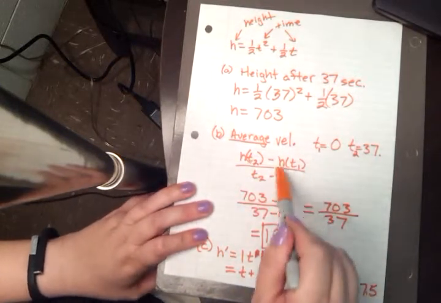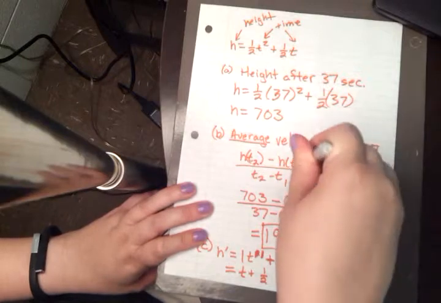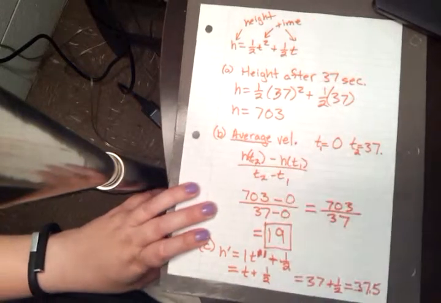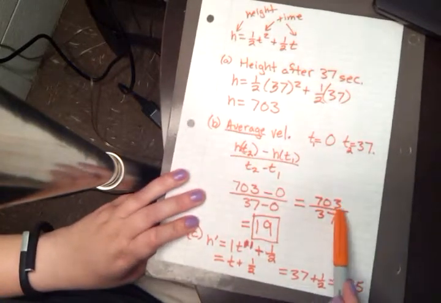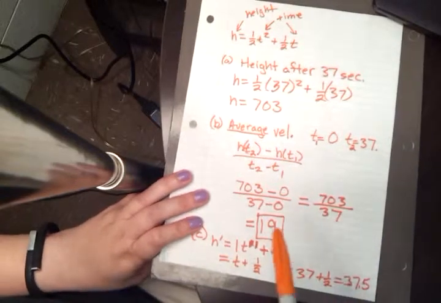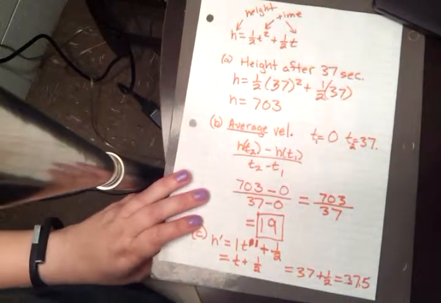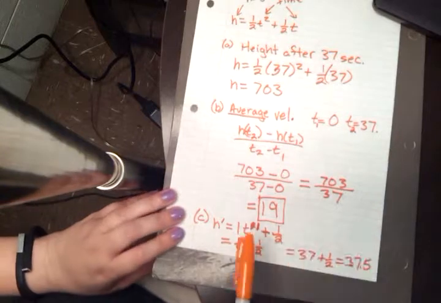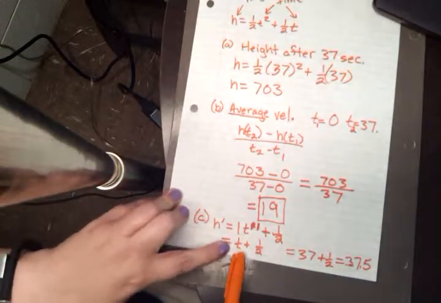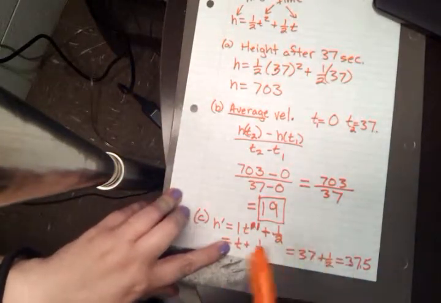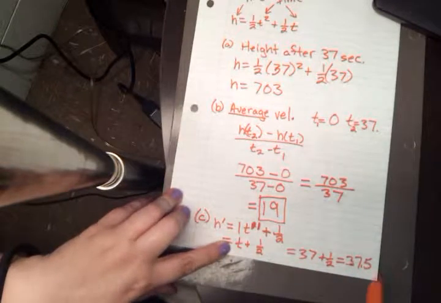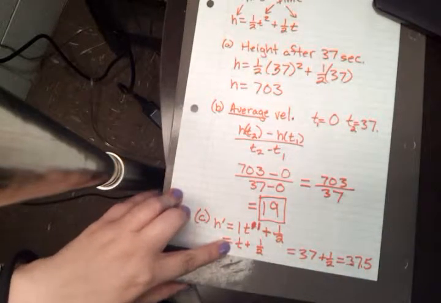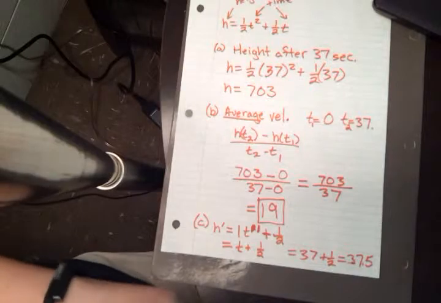We luck out because time 1 gives us both 0 for the function and 0 for the actual number. So we end up with 703 over 37, do the division, and we get 19. And for part C, all we have to do is take the derivative, which turns out to be fairly simple, a little bit of multiplying fractions, but no big deal, and it gives us 37.5. And that is how you handle the hot air balloon question.